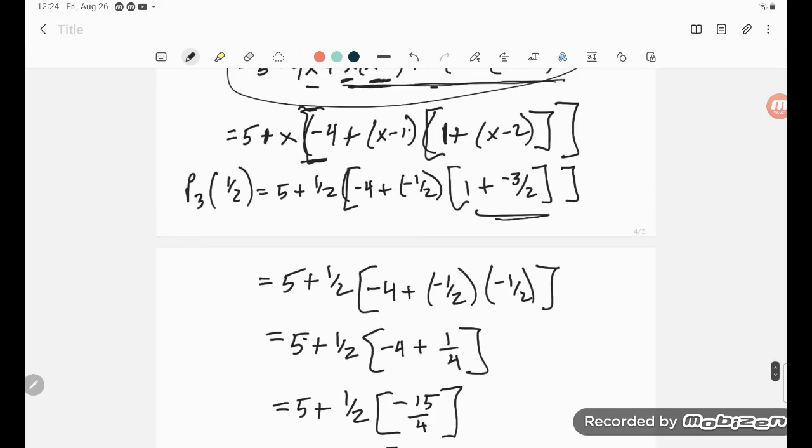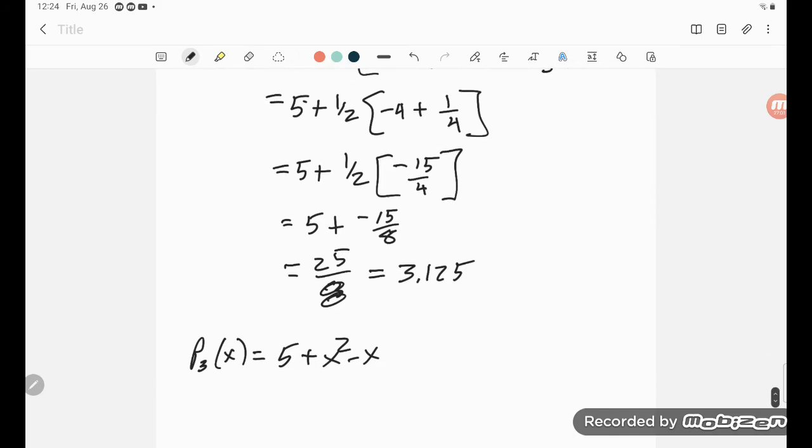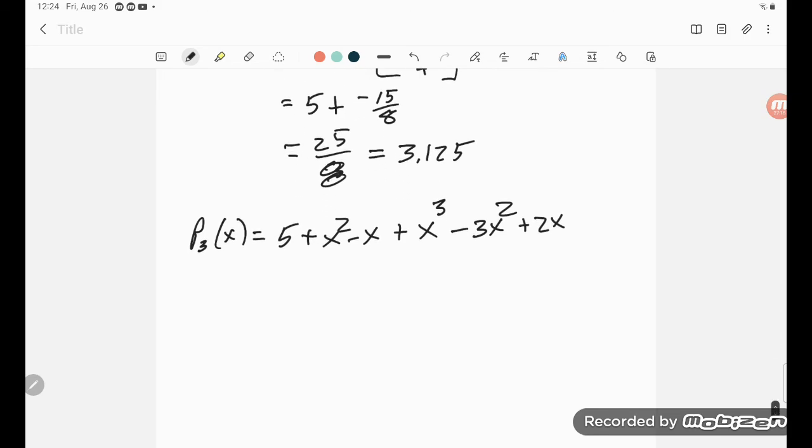So I did that, x squared minus x. Now that's x squared minus 3x plus 2. So I said x squared, but it's times x, so x cubed, plus minus 3x, so minus 3x squared then, plus 2, so plus 2x, and we get that.